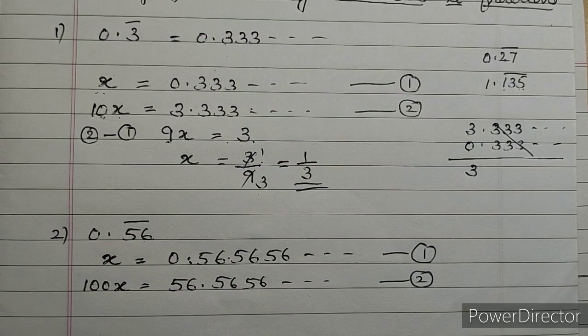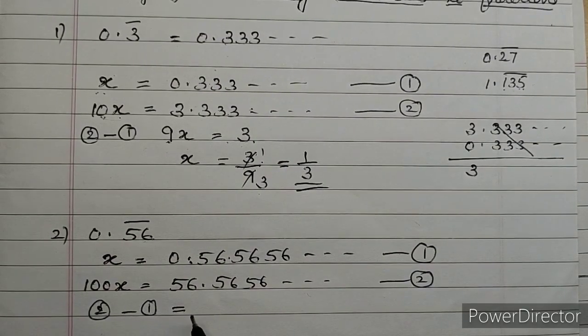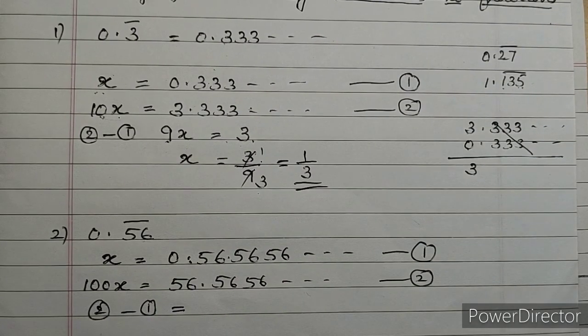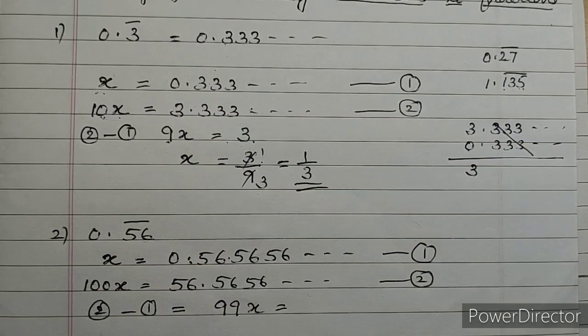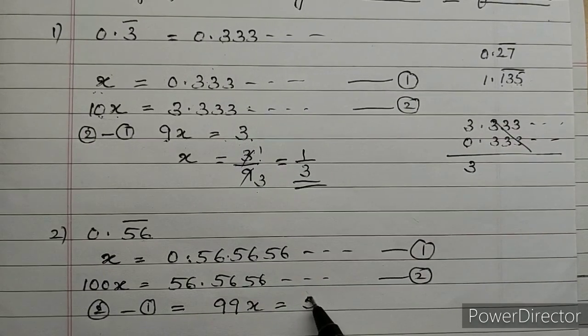Now subtract it. Equation number 2 minus equation number 1 gives 100x minus 1x. 100 minus 1, it is 99x is equal to 56.5656 etc. minus 0.56 etc. That is 56 only.